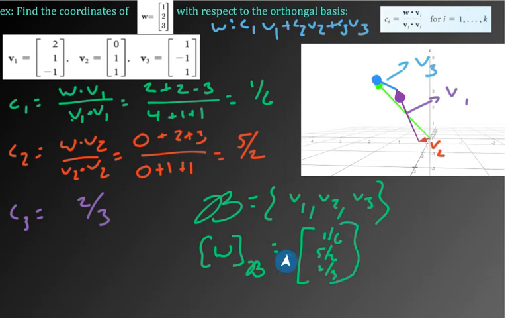It's still a 3D vector, because I still have three vectors spanning all of R3, but the coordinates have changed based on those new basis vectors. Whereas before you needed 1 of i hat, 2 of j hat, 3 of k hat, now you need 1/6 of v1, 5/2 of v2, and 2/3 of v3.